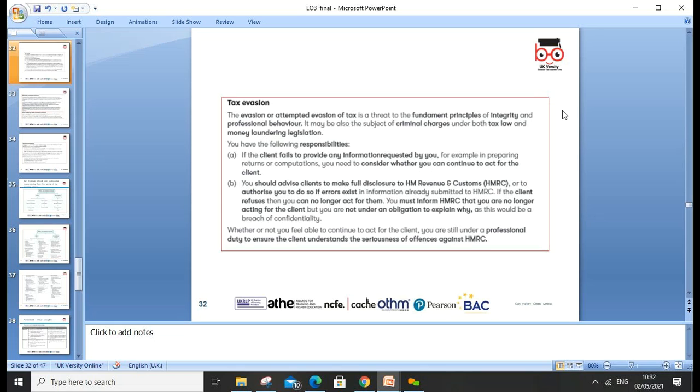If the client refuses, you can no longer act for them, and you must inform HMRC that you are no longer acting for the client, but you are not obliged to explain why. Whether or not you feel able to continue with the client, you are still under a professional duty to ensure the client understands the seriousness of an offense against HMRC.